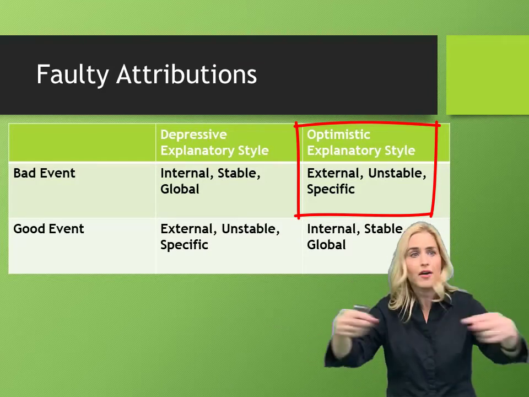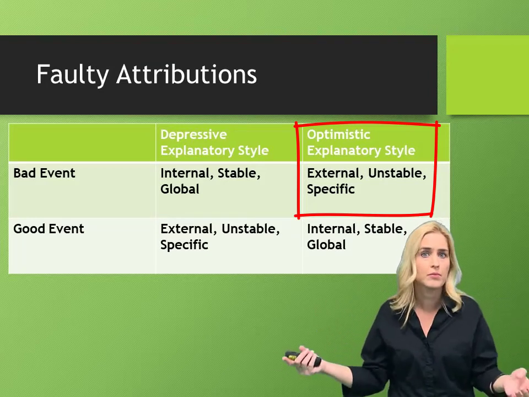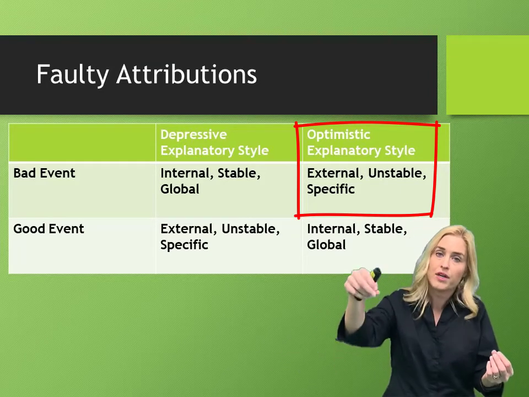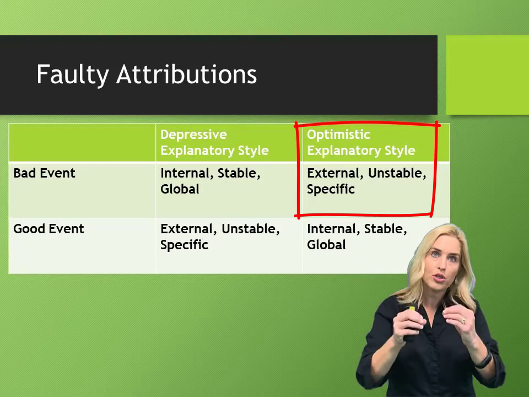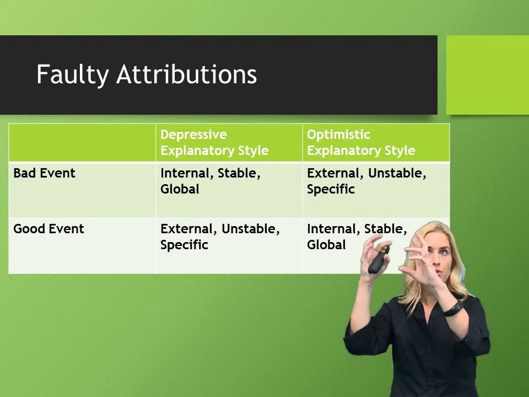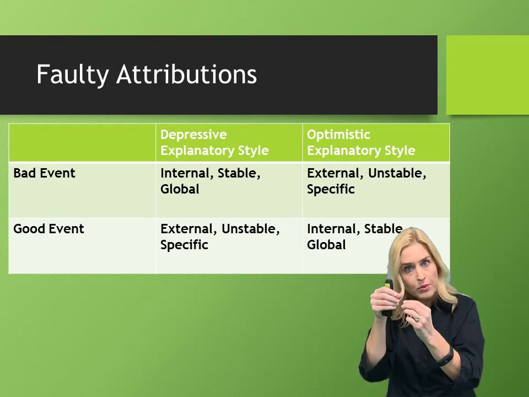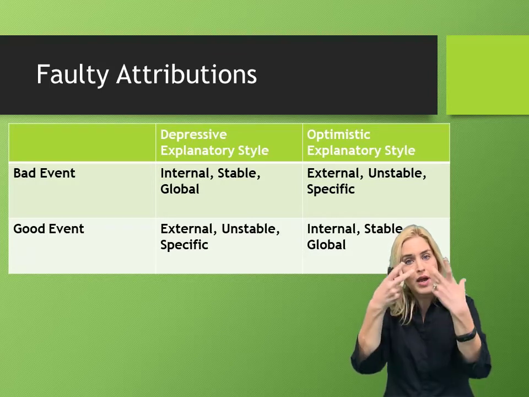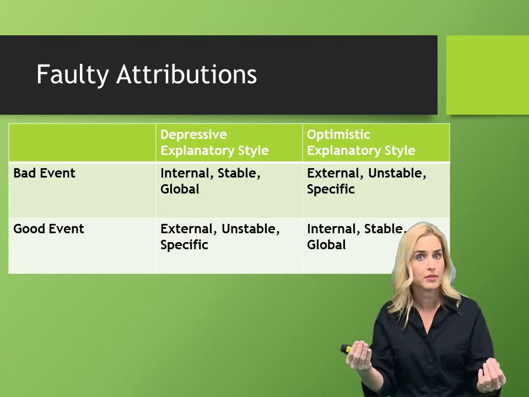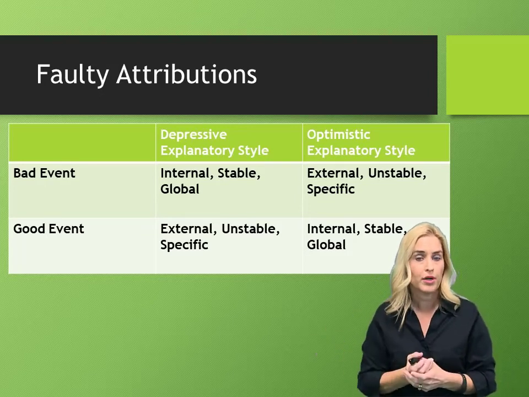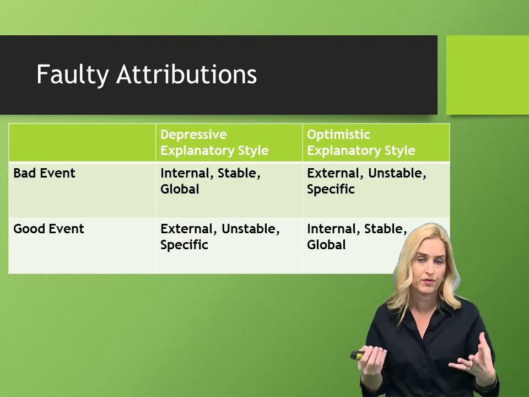It's external. Everybody's driving the same type of car who comes to this event, right? And it's specific to this. That's what we're talking about with the depressive explanatory style and the optimistic explanatory style. And this is something that we really get into when we look at the way that we explain the world around us. We'll talk about this a little bit more in the therapy section of these videos.